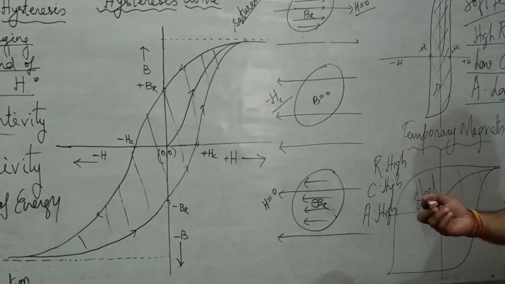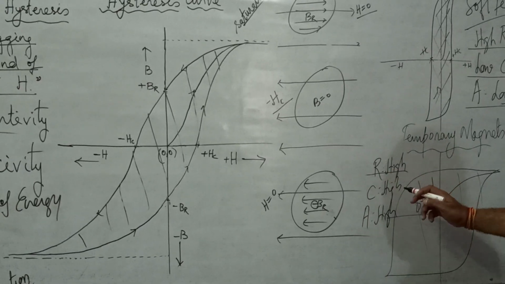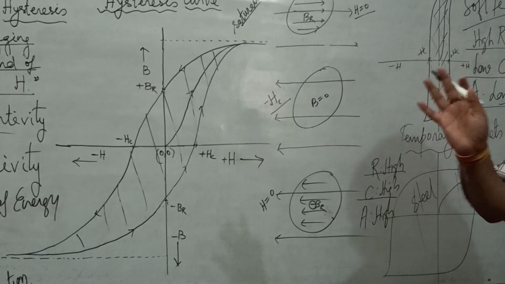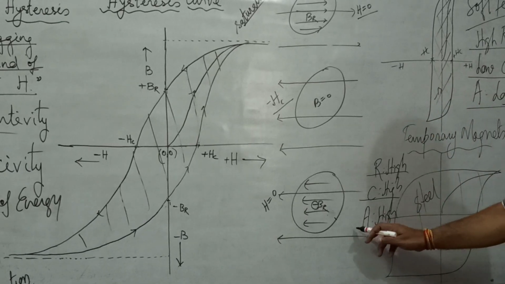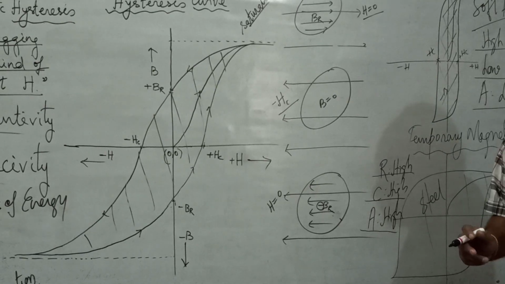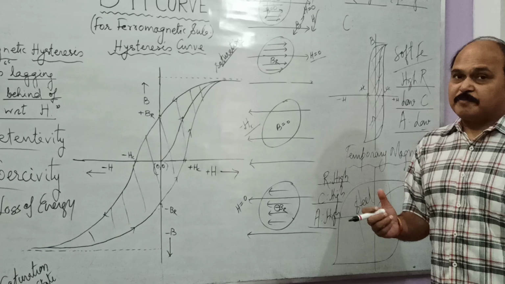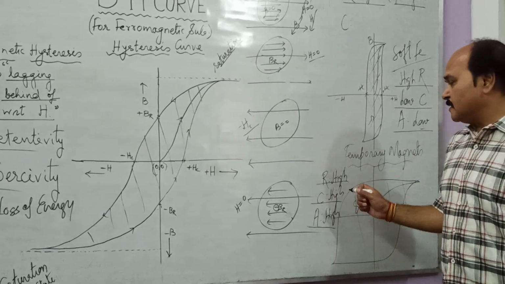That means steel once magnetized is going to behave like a very strong magnet. Coercivity is high, that means it cannot be easily demagnetized, and it has a very high area enclosed within the BH curve. That means once we try to demagnetize it, a lot of energy is required. Therefore, it is practically very difficult to demagnetize steel.